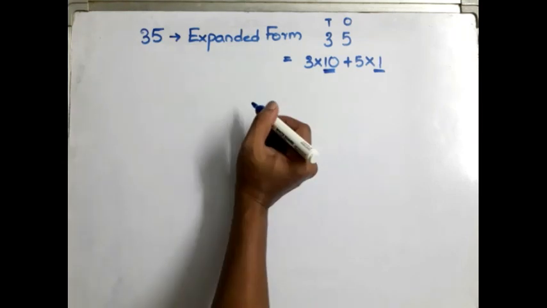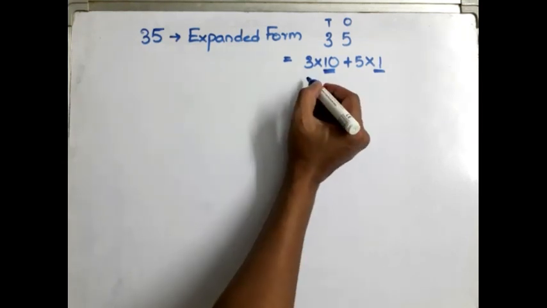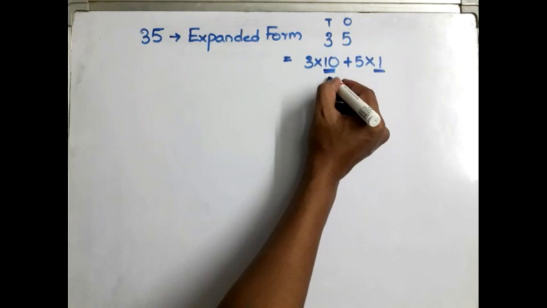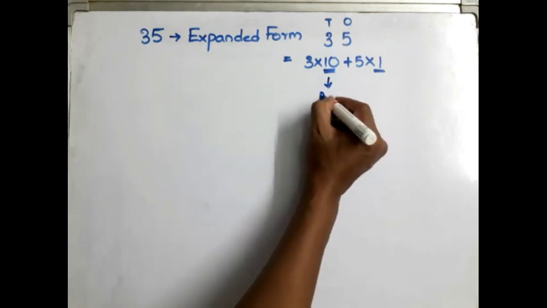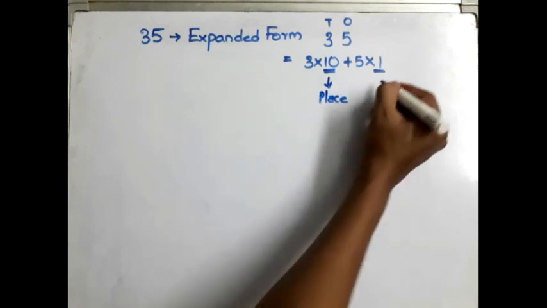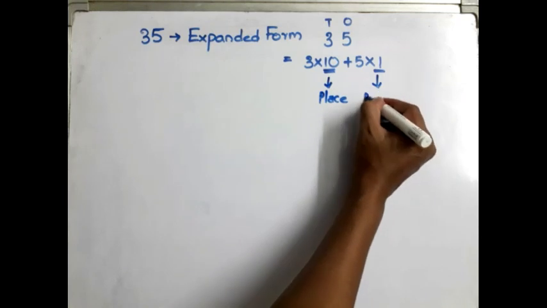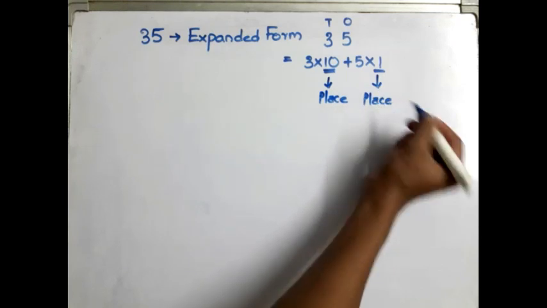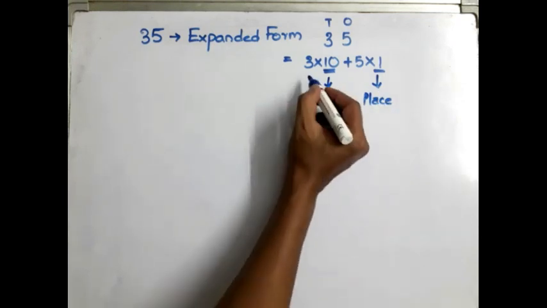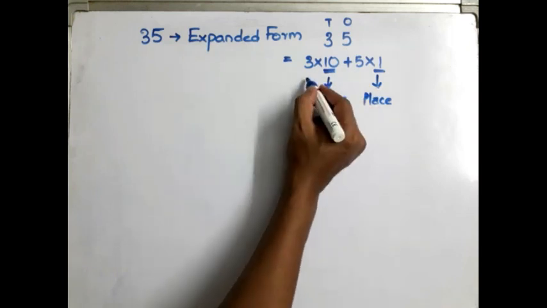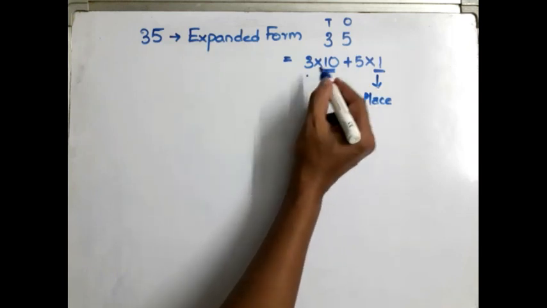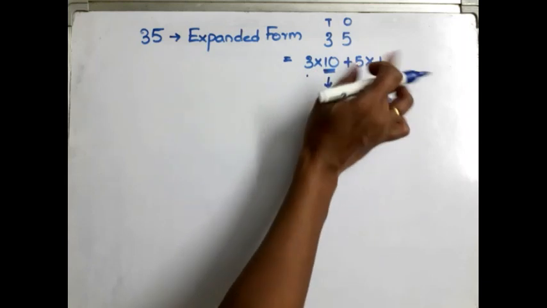Now look. Tens place, here 1 is also place value. Now look. What about this 3 and 5? These are the digits representing the tens and ones place.